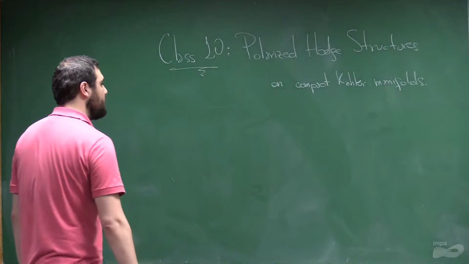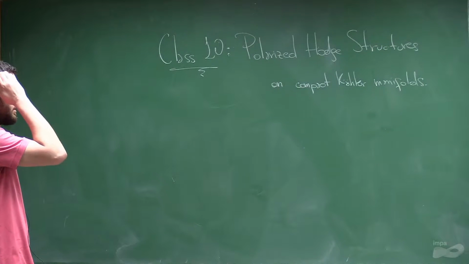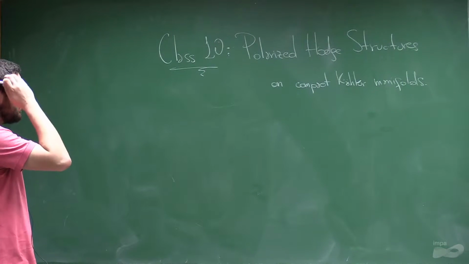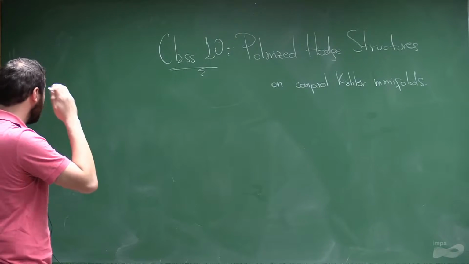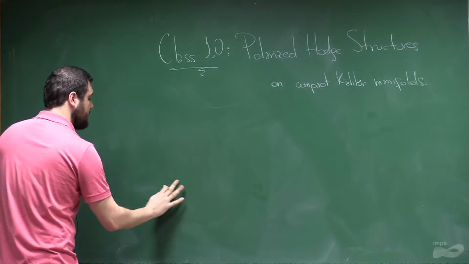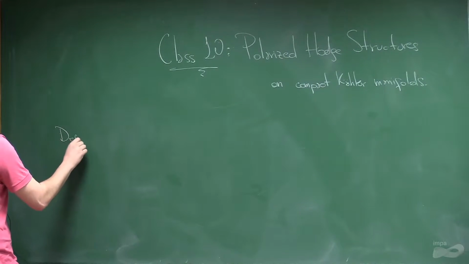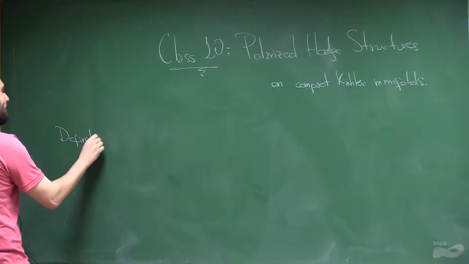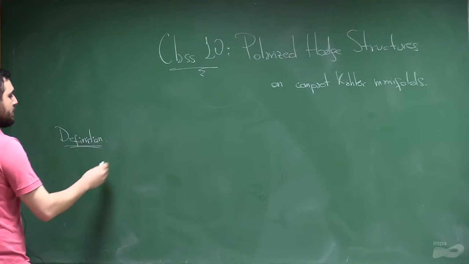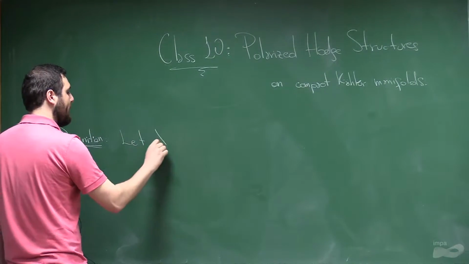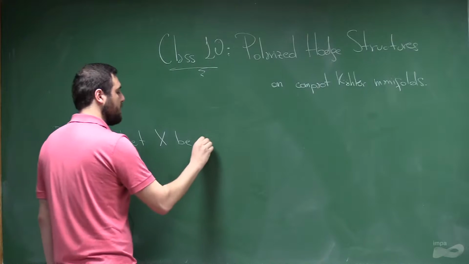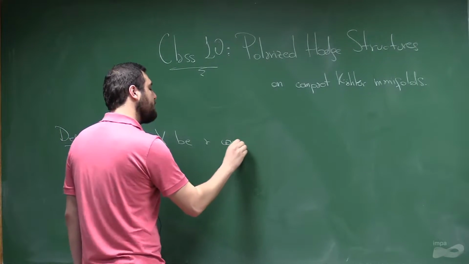Okay, so first of all, in order to get to the proof of the Hodge index theorem, I will have to recall some definitions. So definition. Let X be a compact Kähler manifold.